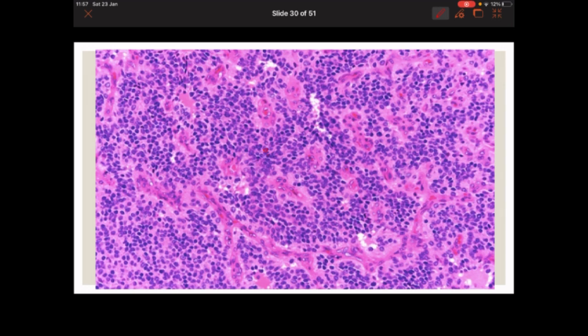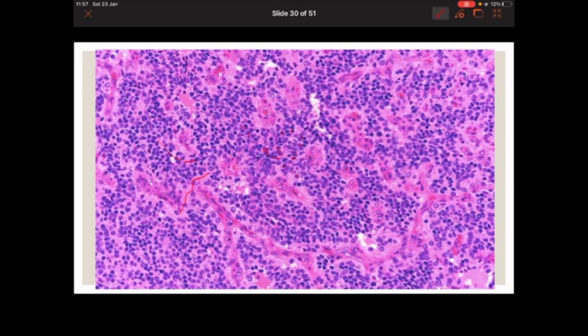These are very small, monomorphic, uniform cells, in a background fibrillary matrix, but because they are quite hypercellular, the background fibrillary matrix is not so apparent.